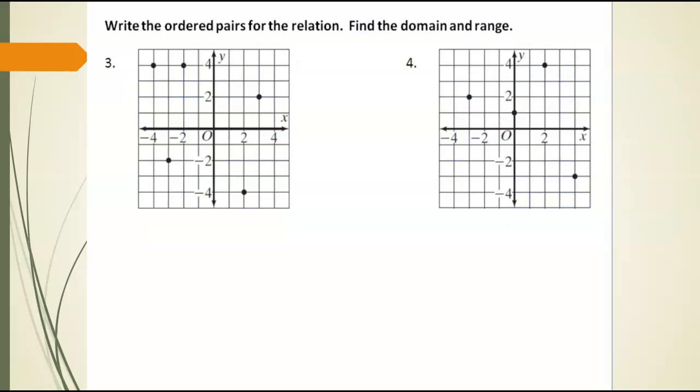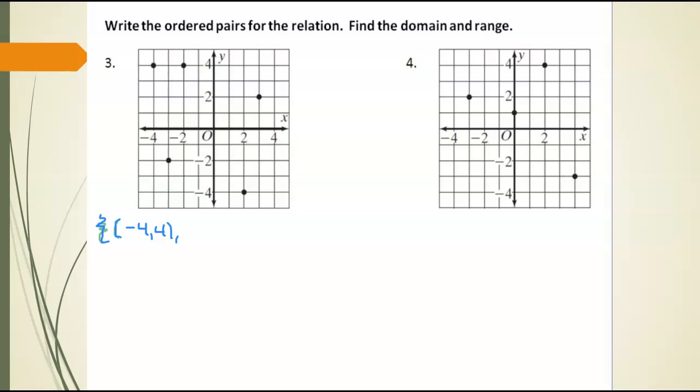Okay, write the ordered pairs for the relation. So now we're taking the points on the graph and creating the relation. So again, it's a set. We write them as coordinate points, so they go in parentheses. So we have -4, 4.